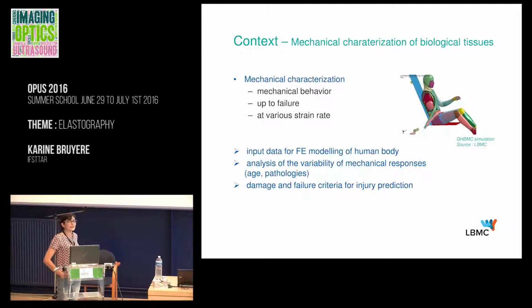And by analyzing the variability of these properties due to age or pathologies, we wish to develop personalized models representative of a quite large population. And of course, for injury risk prediction, we are specifically interested in damage and failure criteria.